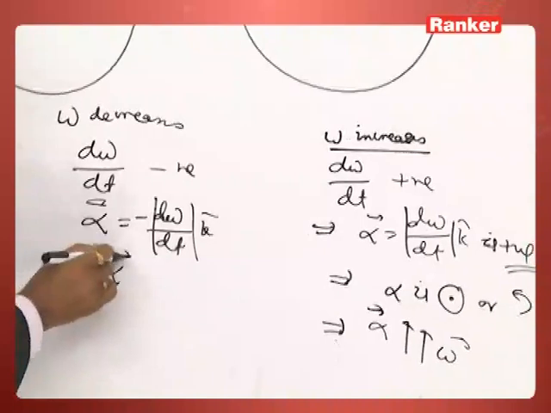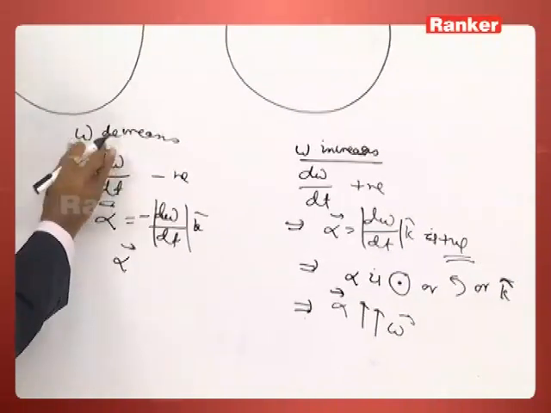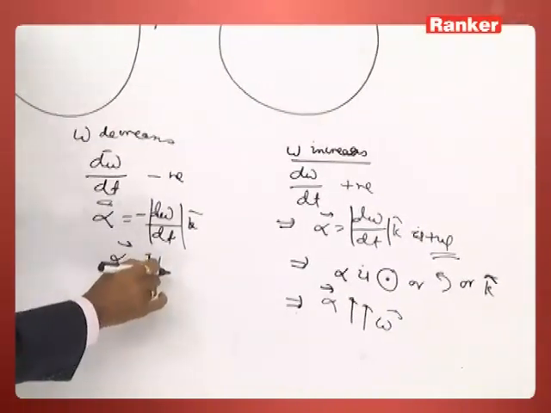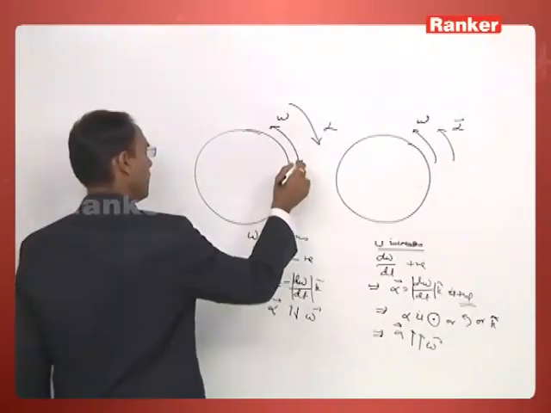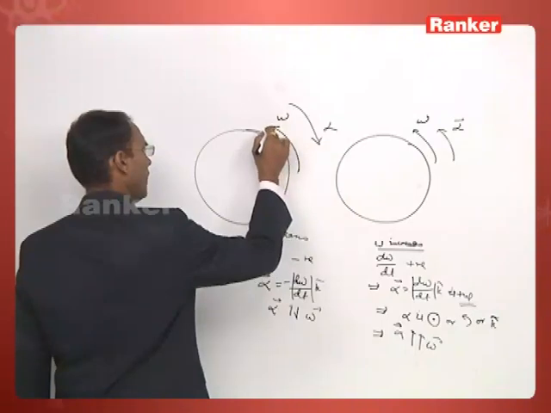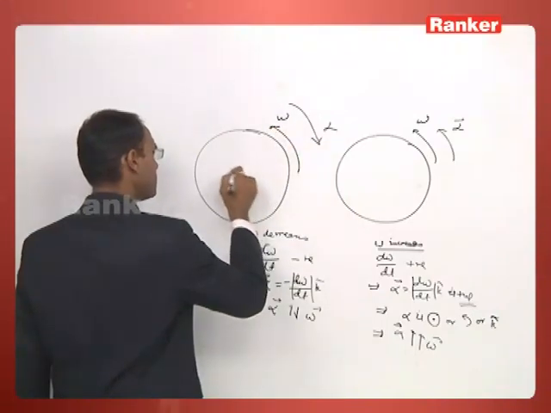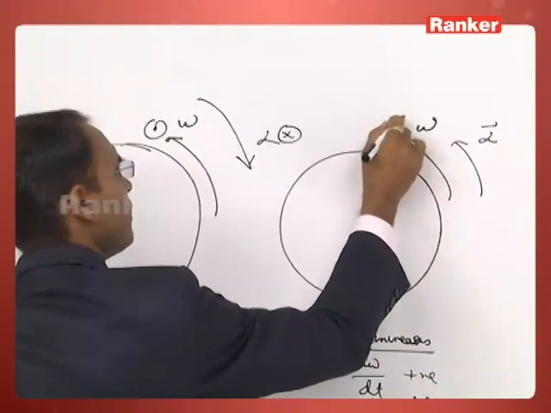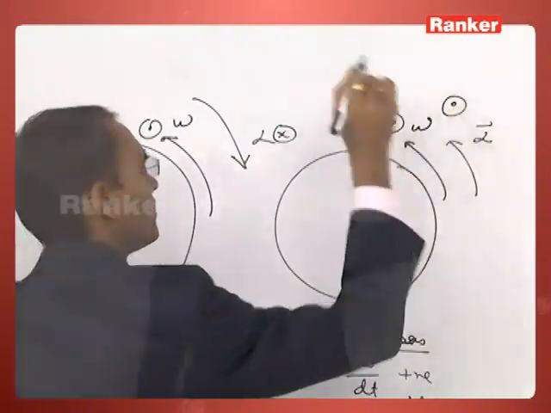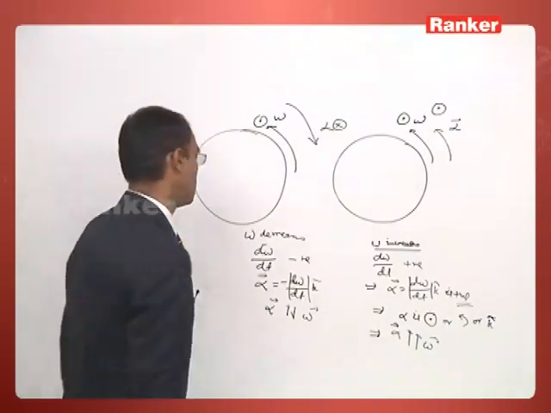Our alpha vector is antiparallel with omega vector. If omega is positive or outward, alpha is inward. Here omega is outward, alpha also is outward. So these are the directions.